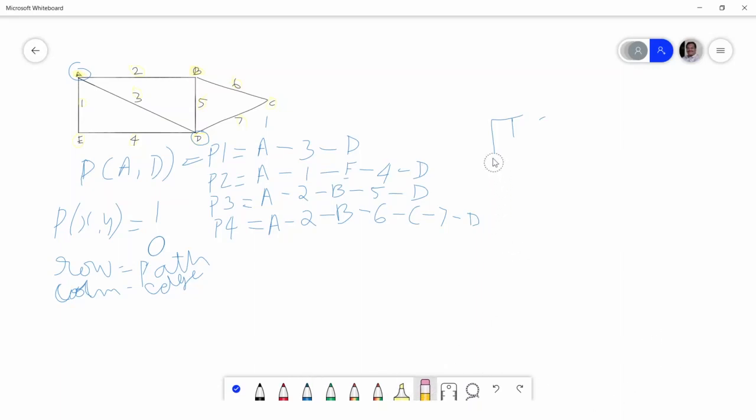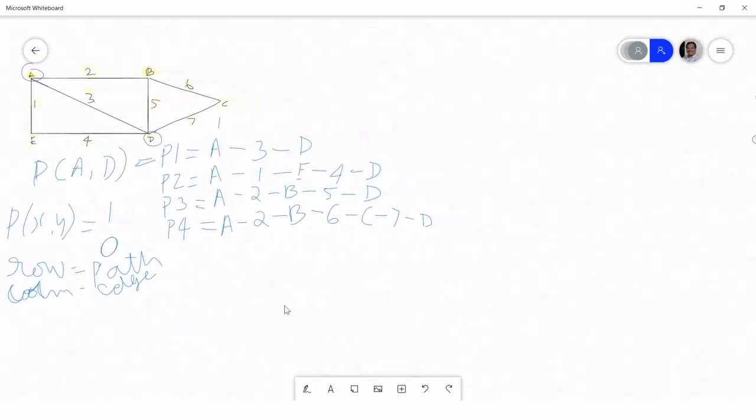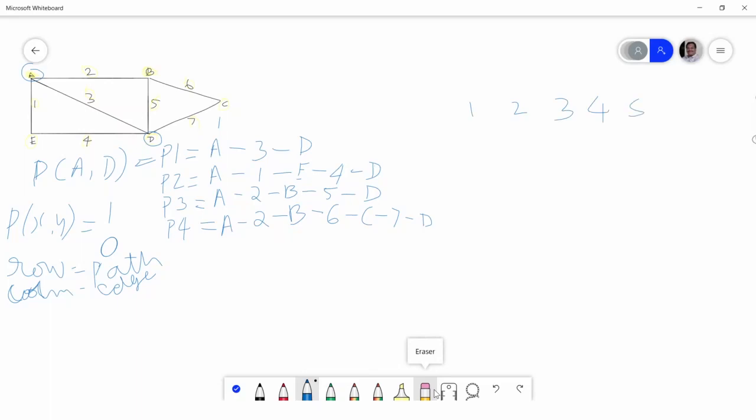First I move it so that I get more space. Look here, I write the edges: 1, 2, 3, 4, 5, 6 and 7. There are 7 edges.